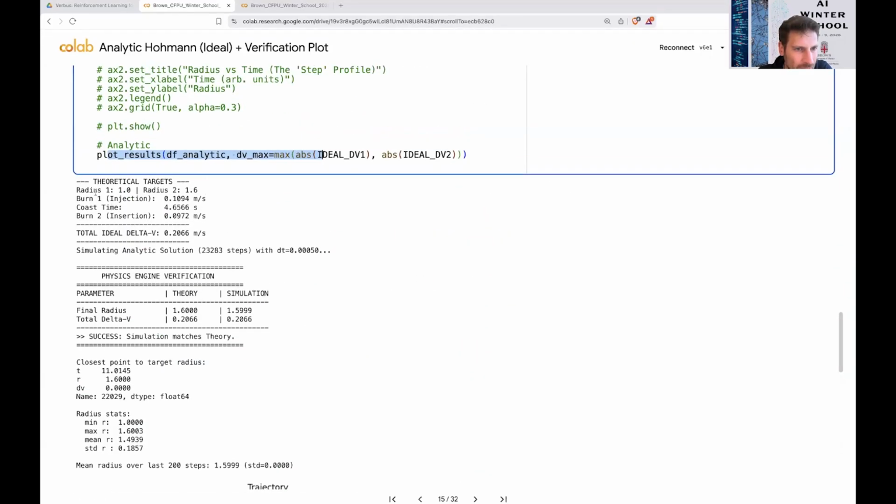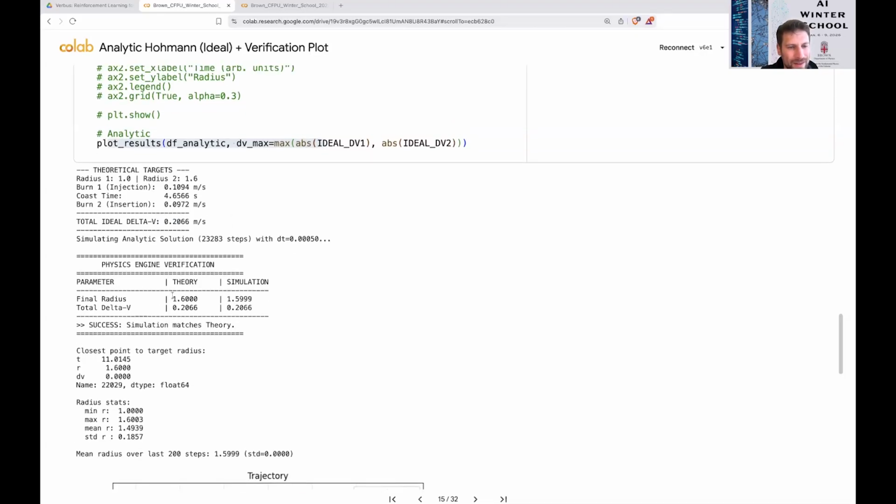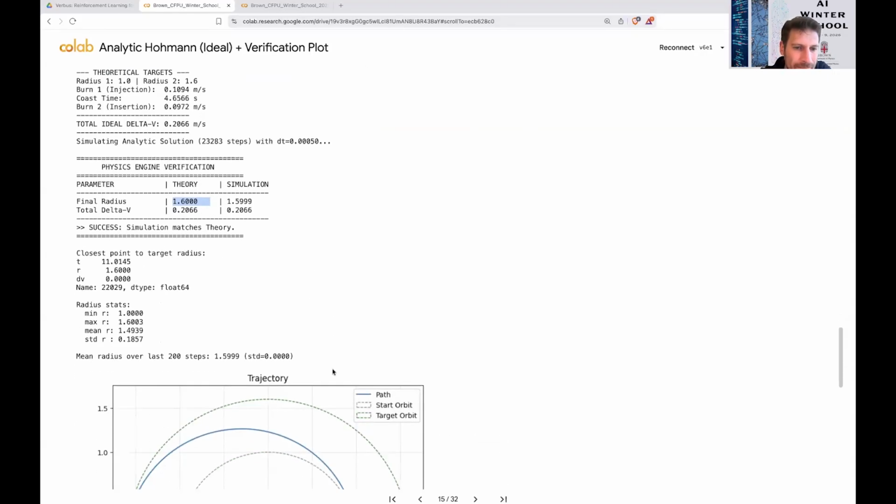And the results are shown here. You can ignore the units, but the key here is that we figure out the right burn one, the right burn two, the time of the transfer, and the ideal delta V, so the ideal total fuel used, in terms of delta V. And we can compare the theory, meaning the exact analytical case, to what we got from simulation, just to verify that our little integrator works properly.